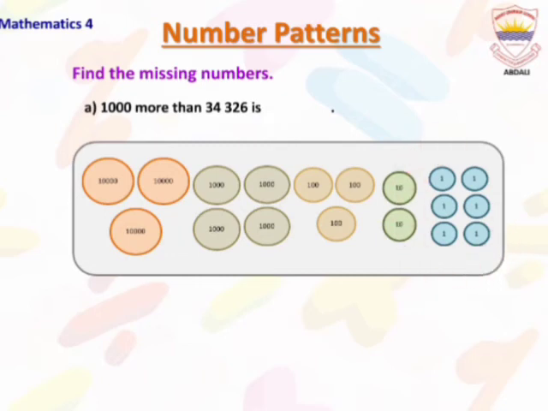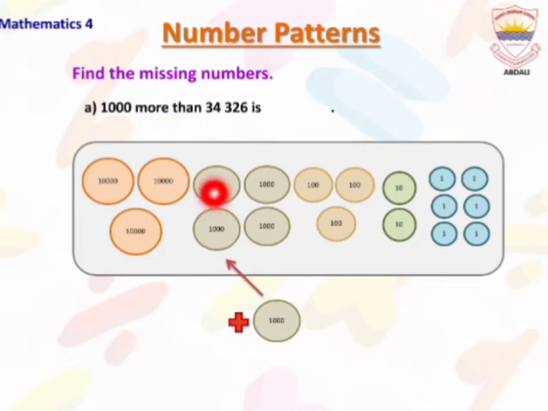Students, now we add 1,000. 1,000 more than means we add thousands in the 1,000 number disks. We add one more disk in the 1,000 number disks. Now, students, count it: 1, 2, 3, 4, 5.